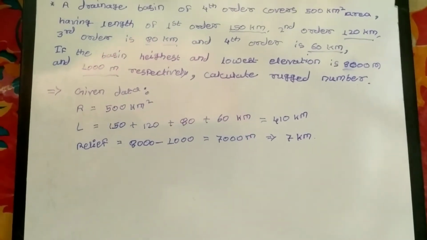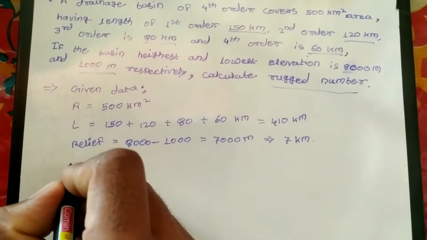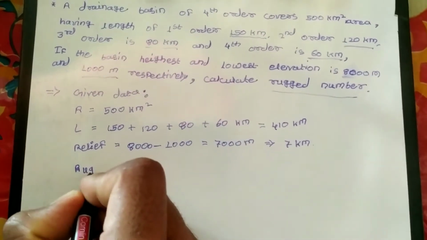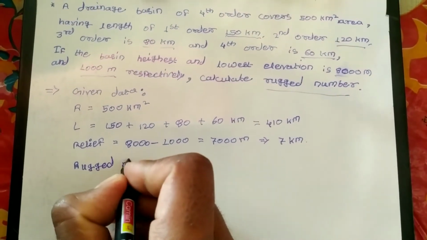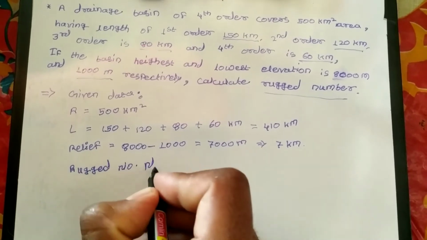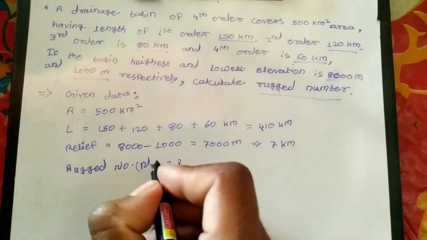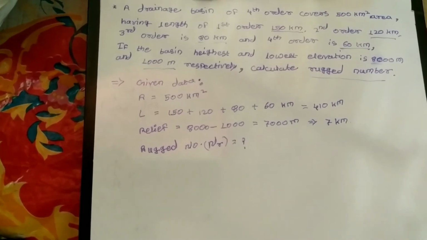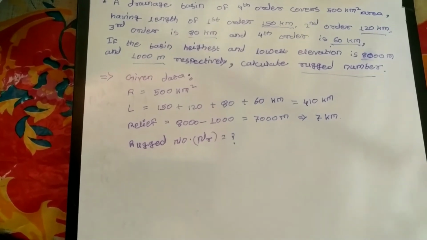And what do we have to calculate? Rugged number. Rugged number, which is denoted by NR, equals what? The formula for rugged number I already uploaded in my earlier videos.